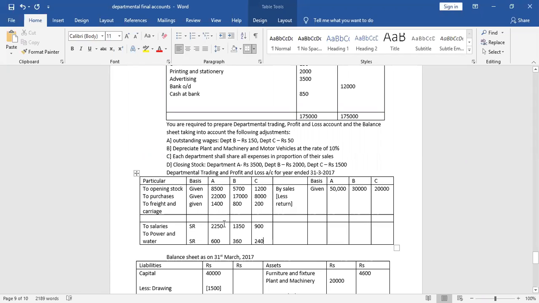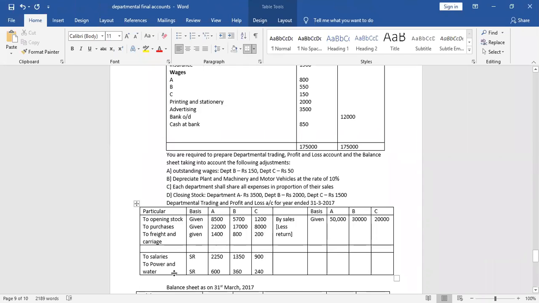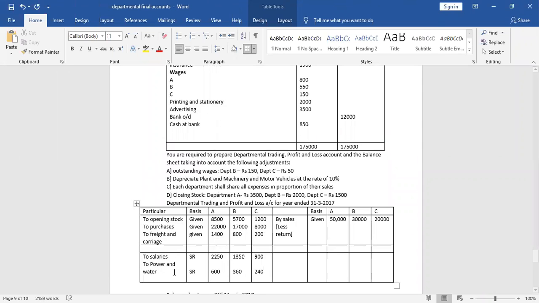Now next expense what we have? Telephone charges. So we will write to telephone charges. This will also be sales ratio.